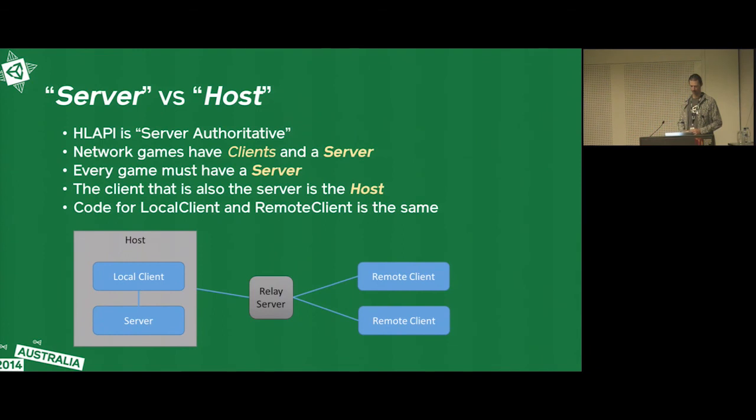And you can see from the diagram that the host runs a server and what we call a local client, whereas the other participants just run a remote client. And this works out nicely because the local client and the remote client run pretty much the exact same code. So you don't have to worry about it when you're writing game code about whether this client is on the server or remote, because it's all handled for you.